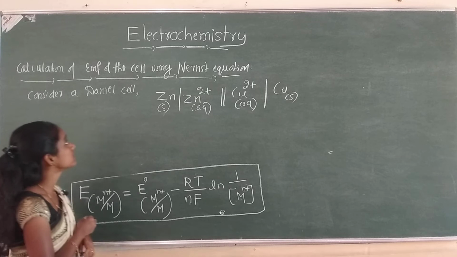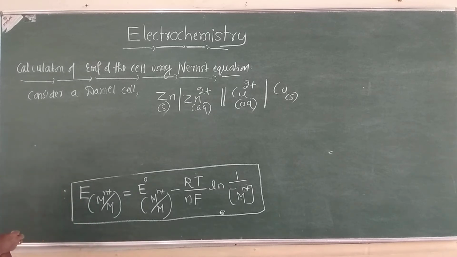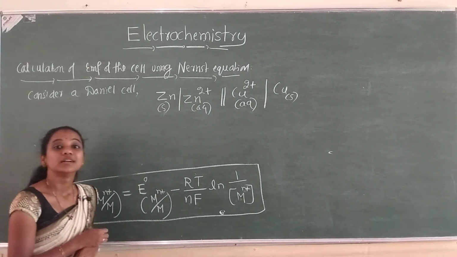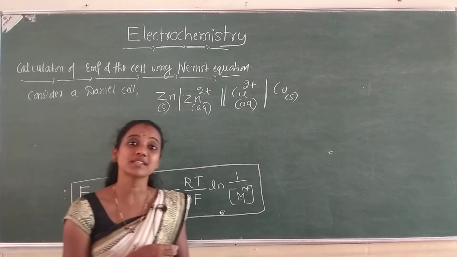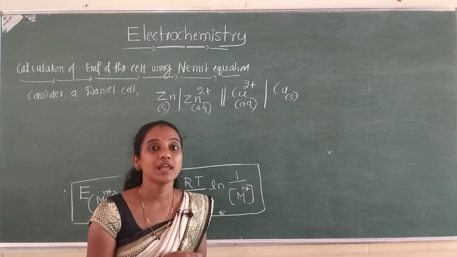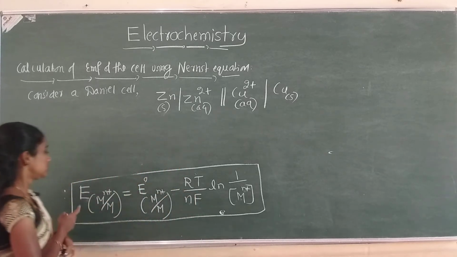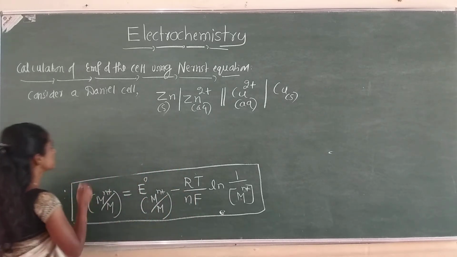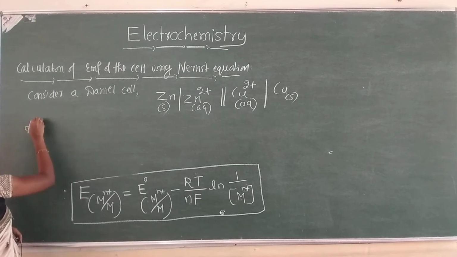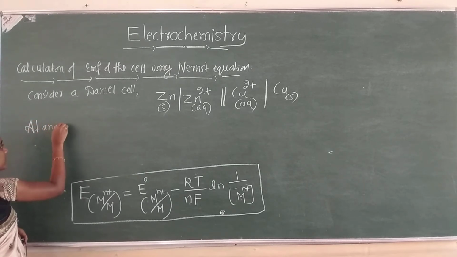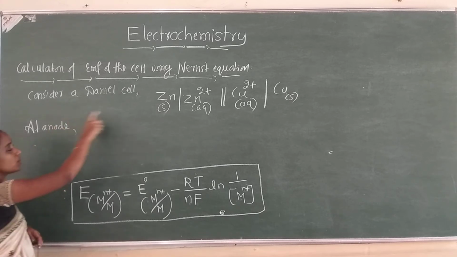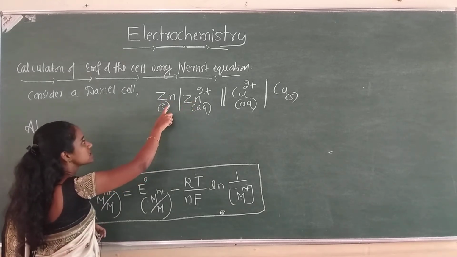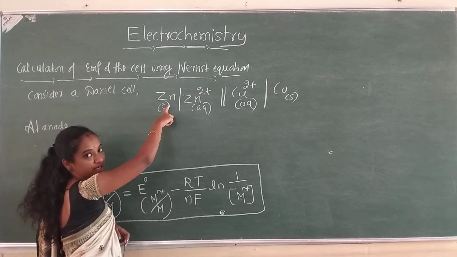So to find the EMF, first we need to calculate the electrode potential of the right hand electrode as well as of the left hand electrode. So we should apply the Nernst equation here. At the anode, we know that the oxidation process occurs, and the zinc electrode is present at the anode.